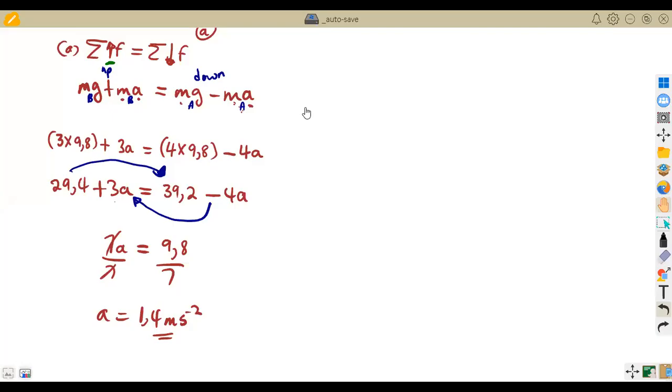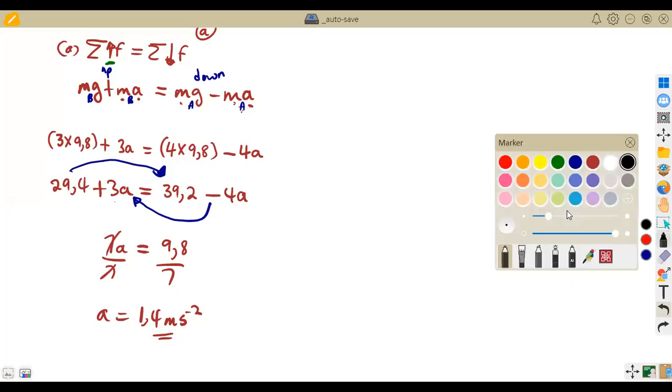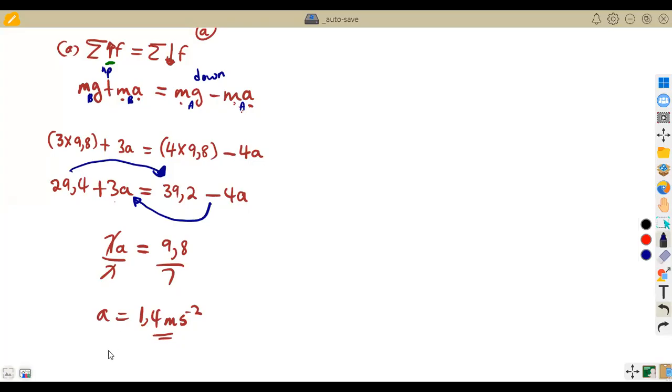At the end we can give this a conclusion: it's in the direction of the 4 kg mass. All right, so that is how we can have this one.